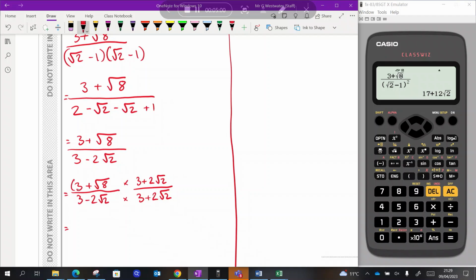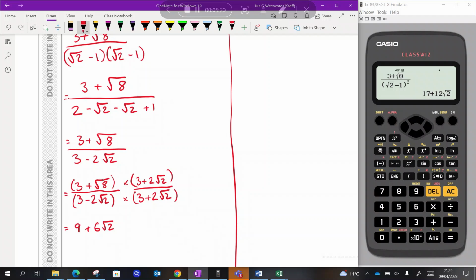So let's put all of these things in brackets as we look to multiply them out. On the top, we've got 3 times 3 for 9. I have 3 times 2 root 2, which is 6 root 2.